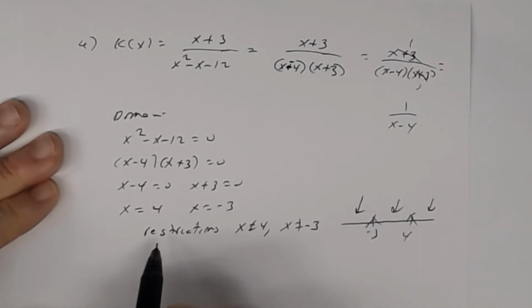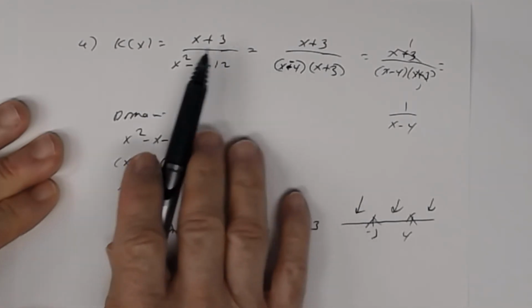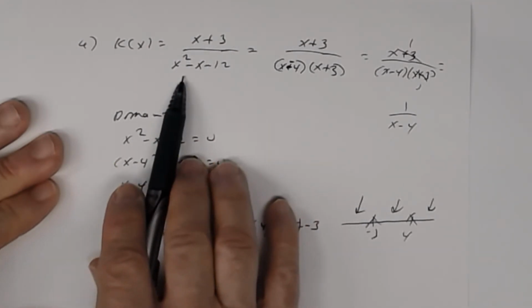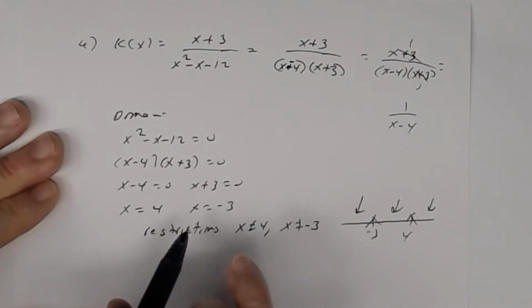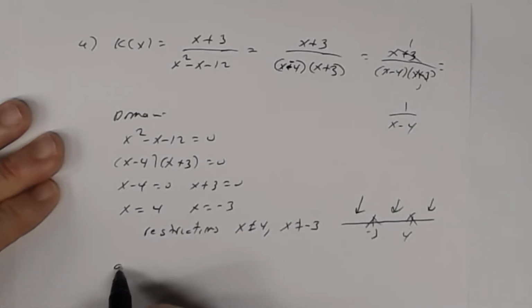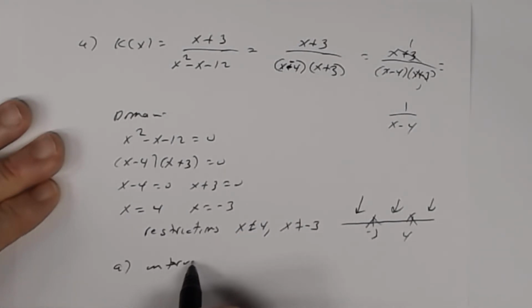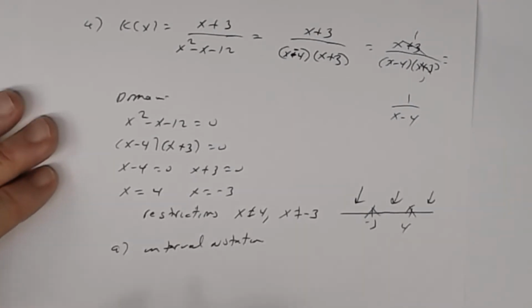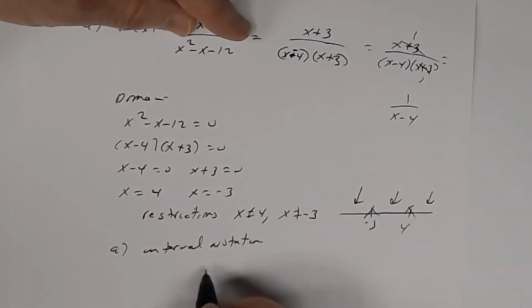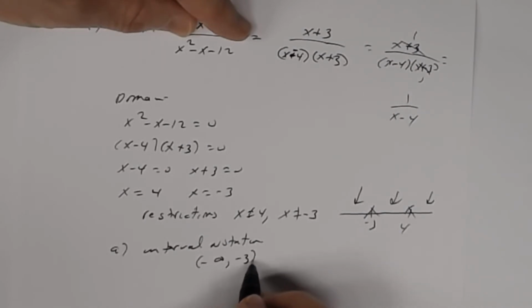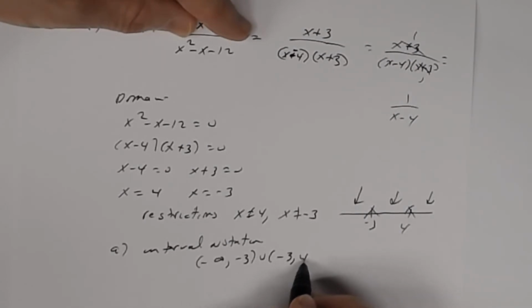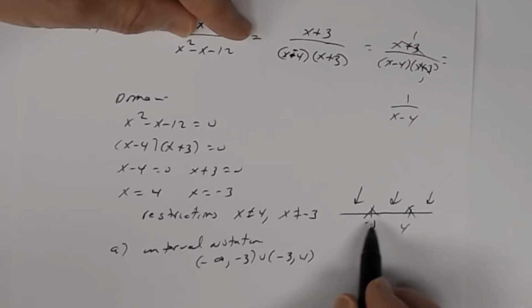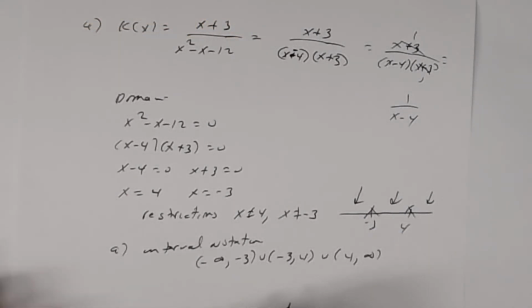So when you find the domain, you're finding the restrictions. You got to use the original rational function. And so in interval notation, you're going to say -infinity to -3, union, -3 to 4. Notice the order matters, so make sure you put it in order. Union 4 to infinity.